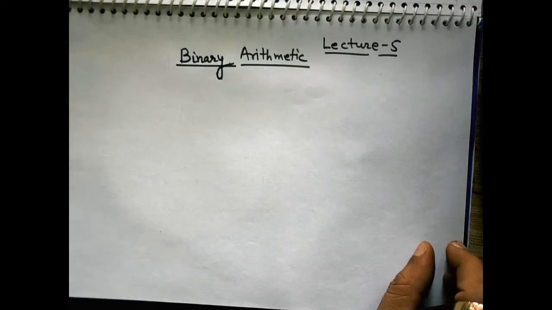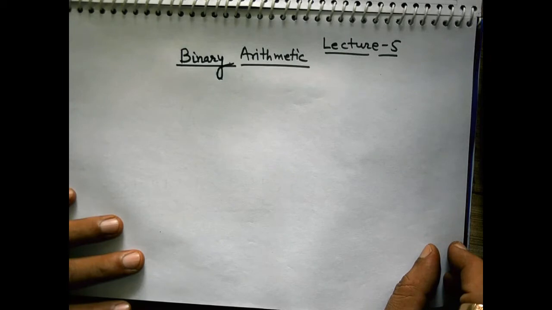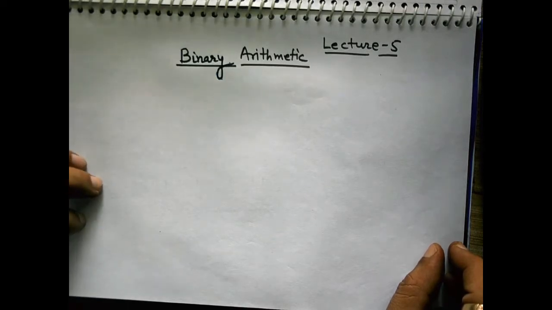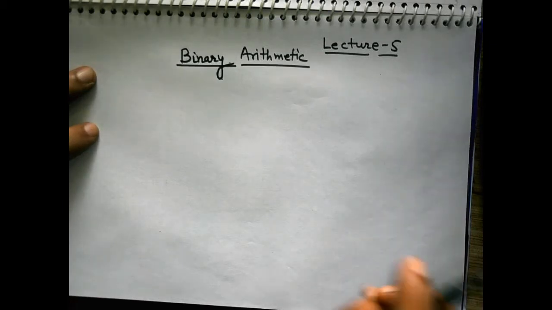So far we have studied the interconversion between different number systems, and we have studied how to write the counting in a particular number system. While dealing with binary arithmetic, we are interested to learn how to add 2 binary bits at a time and what the result will be.